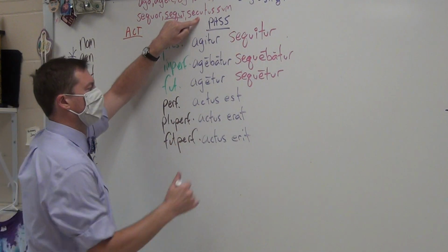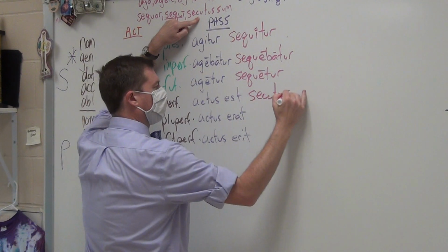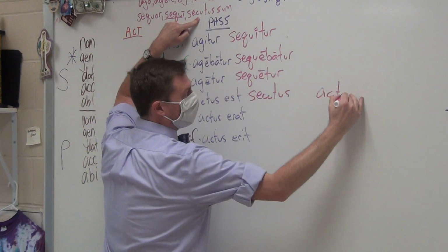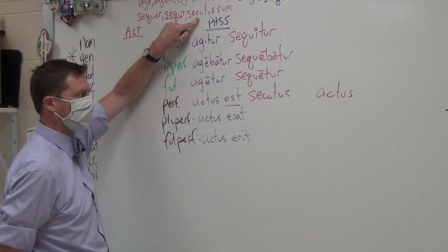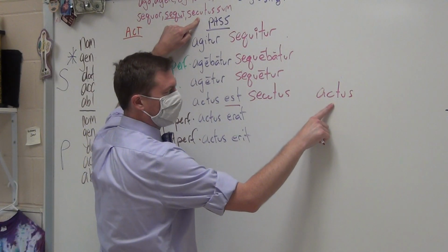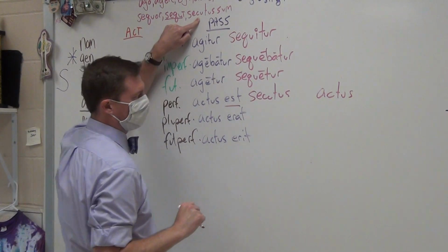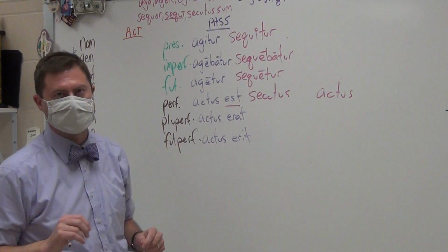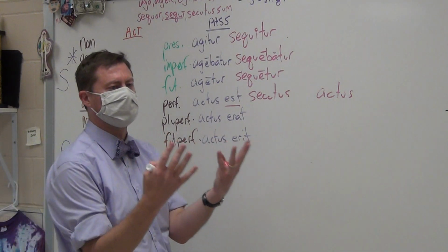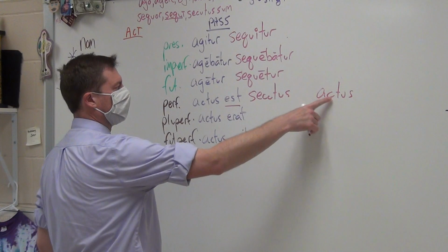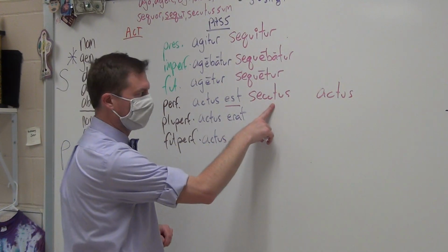And then here, again, take the perfect passive-looking participle for the deponent, secutus. Now think about it. If ductus by itself, not paired up with a form of the verb to be, would be having been driven, the deponent verb translates as a participle, perfect passive, having driven. So having been driven, here, having followed.